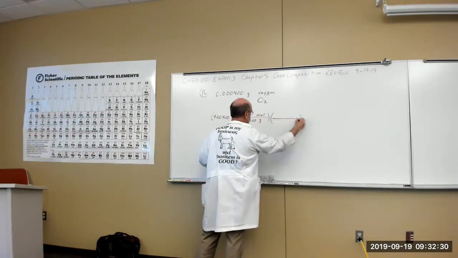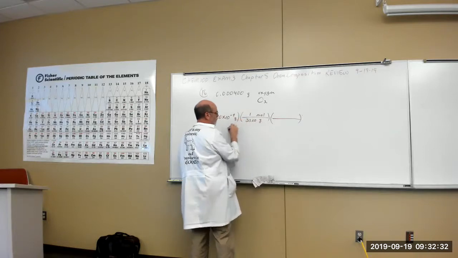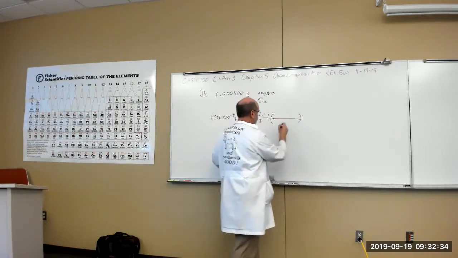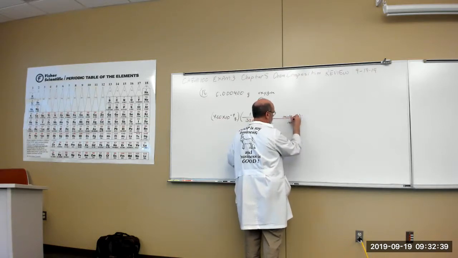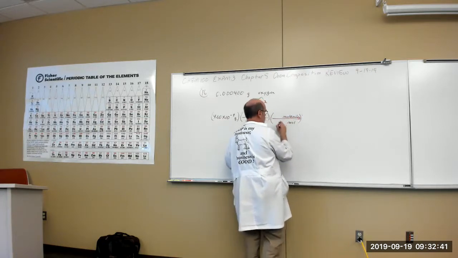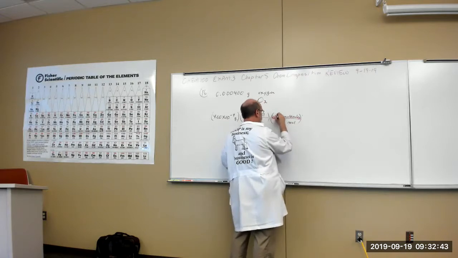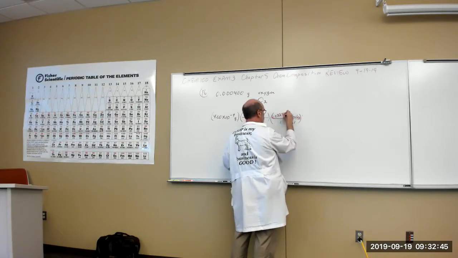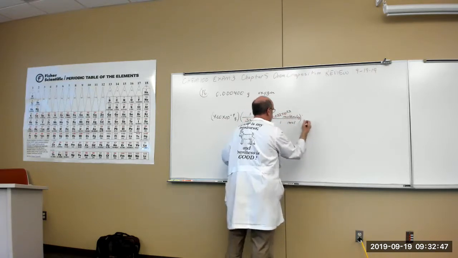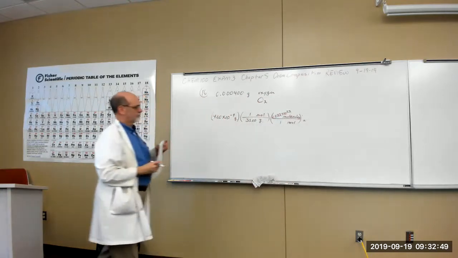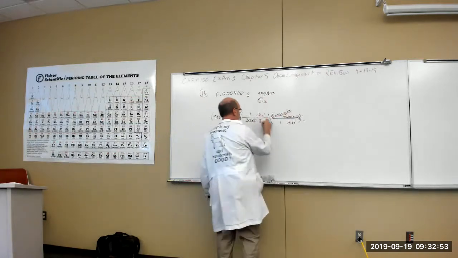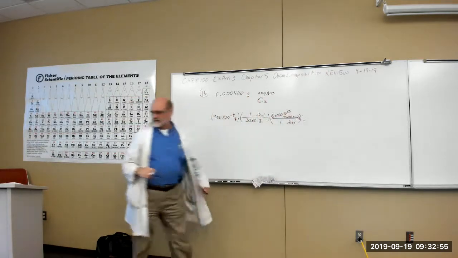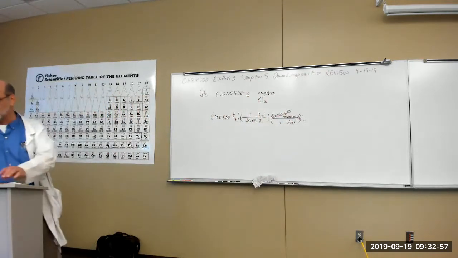And now we need to convert moles to molecules. So here's where your Avogadro's number comes in. There we go. Now that the brain fuse is done, it's all just math from here in.